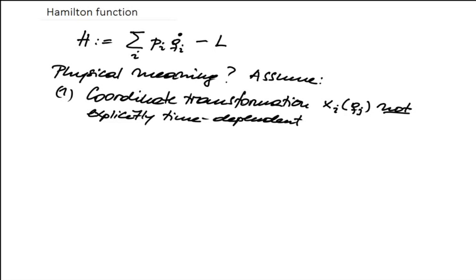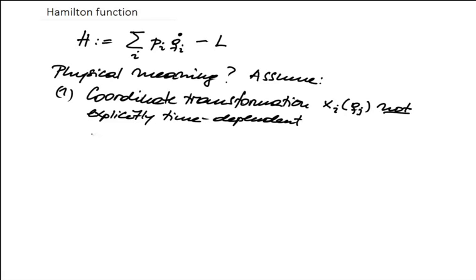So we focus on time independent coordinate transformations. And this excludes, in general, accelerating frames because they are characterized by the fact that coordinate transformations are time dependent.